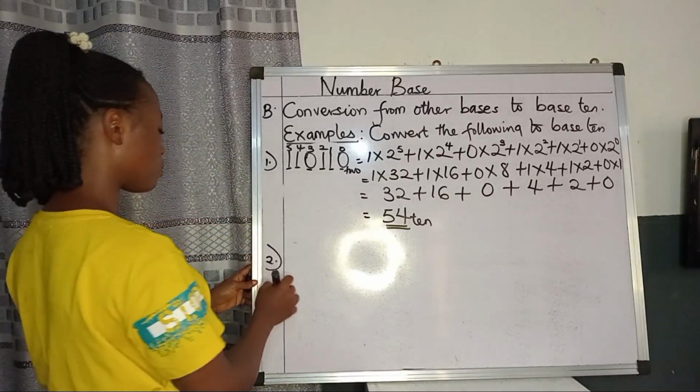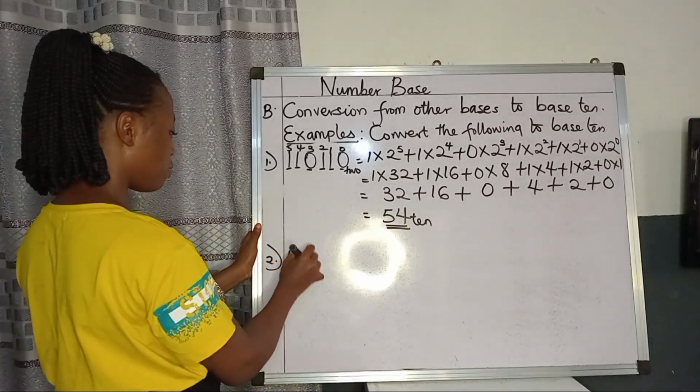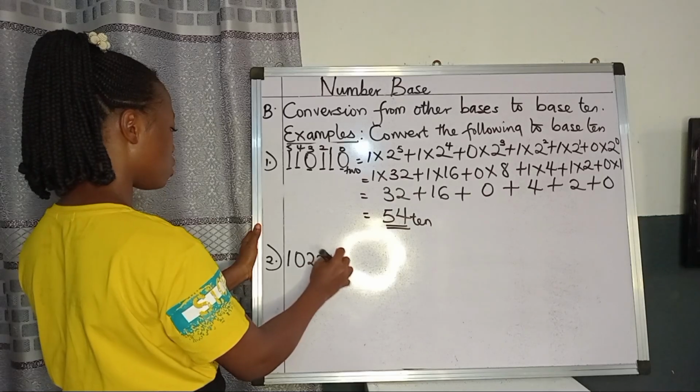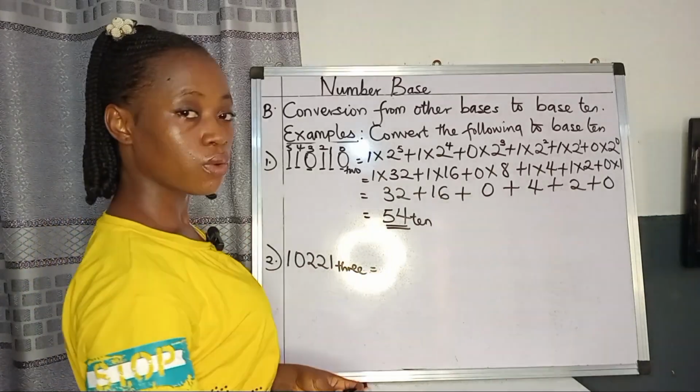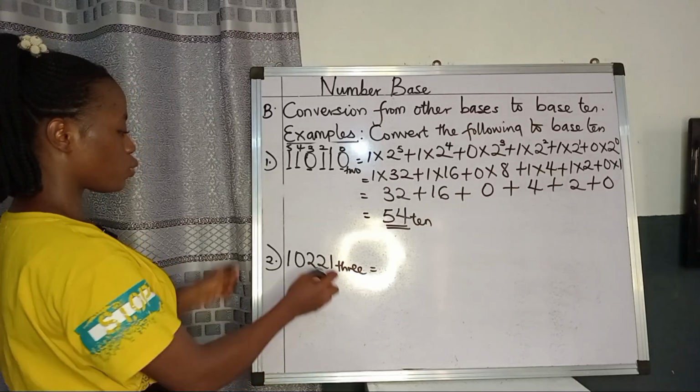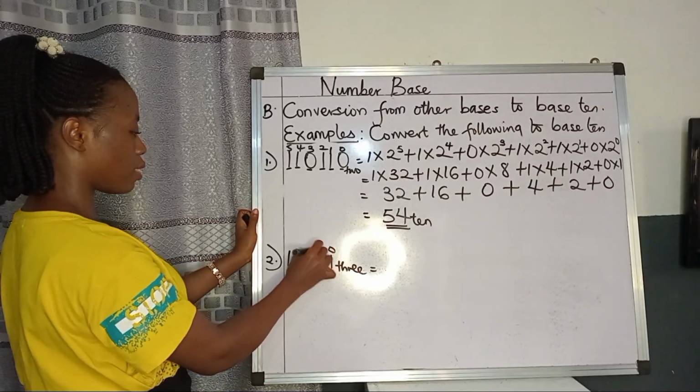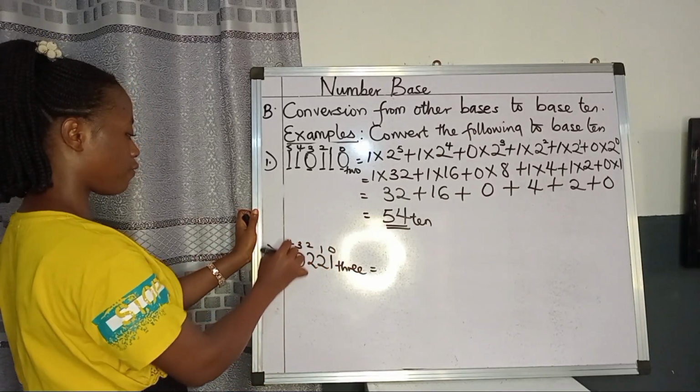So moving on, we have another example, 10221 base 3. We are changing this to base 10. So we are going to write the powers: power 0, power 1, power 2, power 3, power 4.